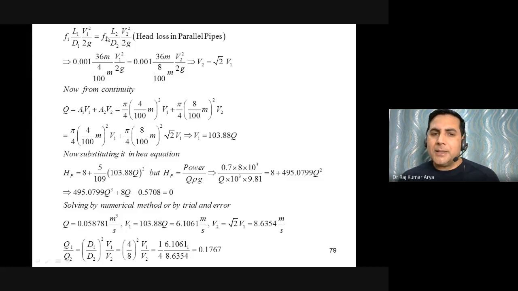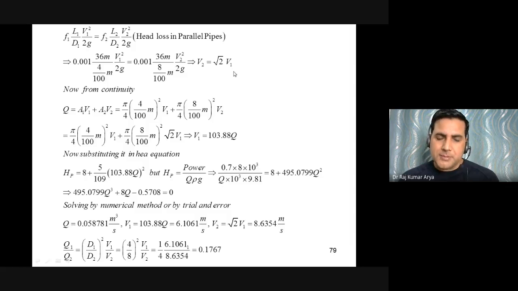For parallel connection, you know this thing, right? In parallel connection, the head loss in pipe 1 would be equal to the head loss in pipe 2. So this is from the parallel connection of the pipes. You can write the same thing, substitute the values for all of them. So you will get V2 equal to root 2 of V1.